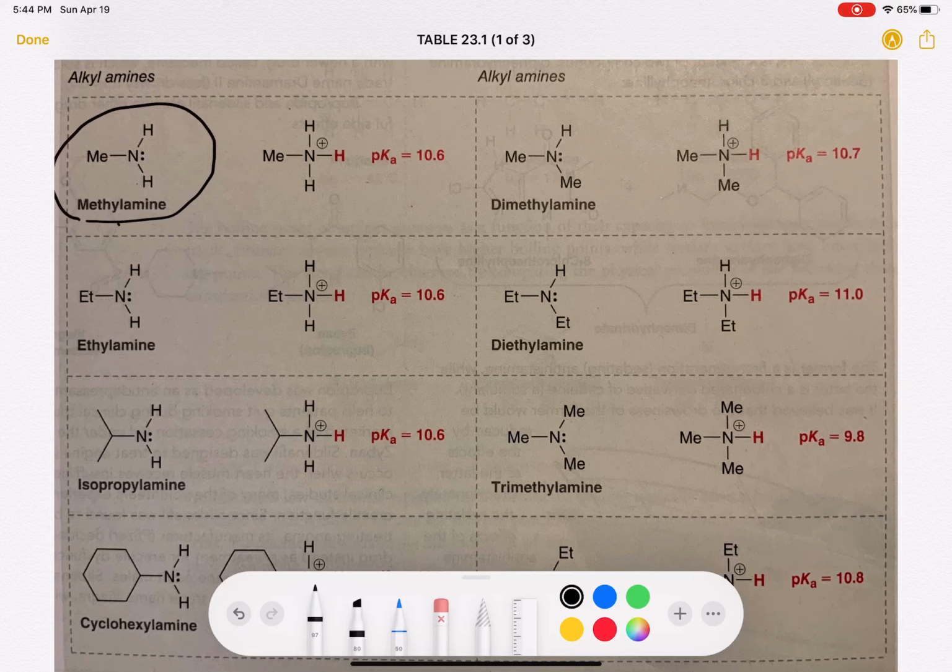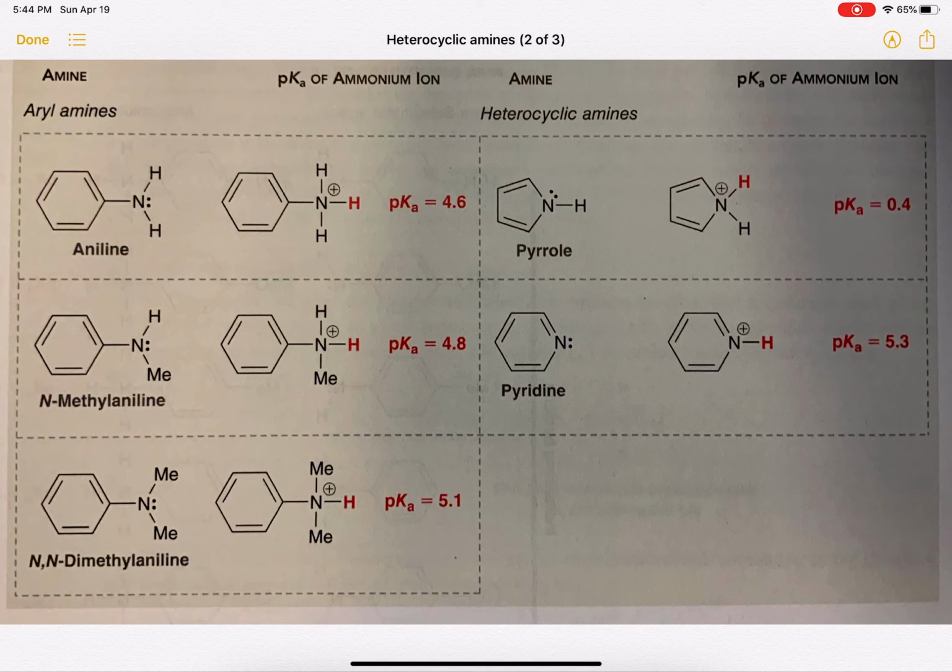Just for your own reference, they're also showing you the structure of the protonated version, but then they're also giving you the pKa value, which you can use to rank any of these amines. This table continues, so it's spread out over 2 pages. This is table 23.1, and in my book, it's on page 1110.